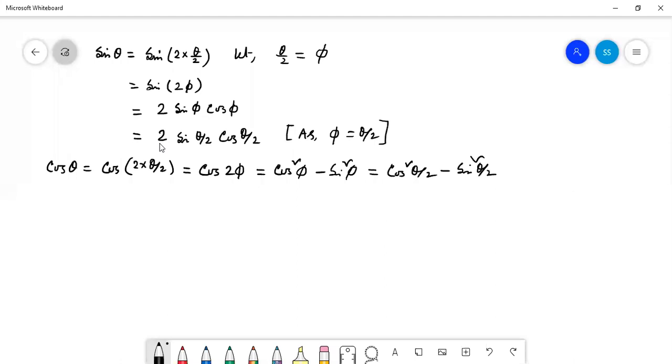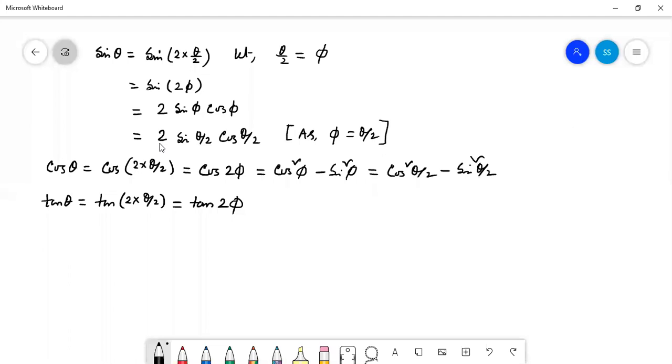In the same way, we can write down the value of tan theta. So here, from multiple angle to submultiple angle, we are dividing. If we take tan theta, that is also written as tan of 2 into theta by 2. Then it is tan of 2 phi. In each of the cases, we are taking theta by 2 equal to phi, right?